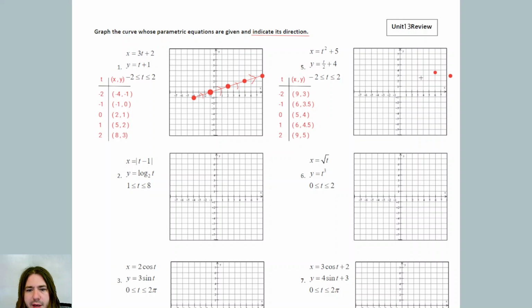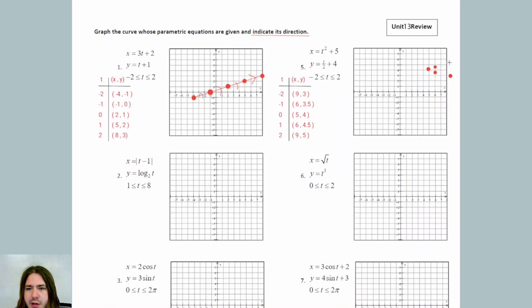And then 5, 4 will be here. Then 6, 4.5. So it looks like we're going to have a nice little sideways parabola here. And then finally 9, 5 is going to be up here.